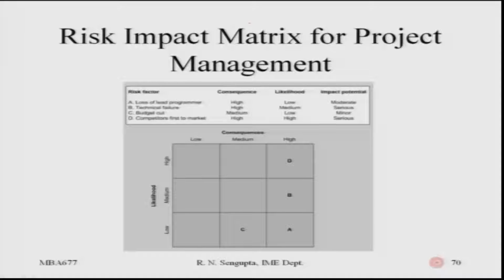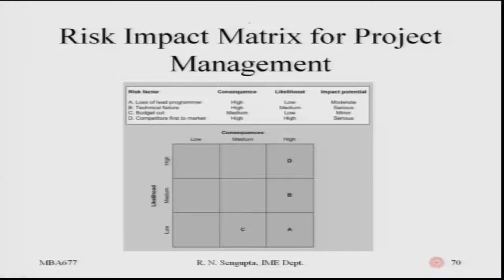If we come to this slide just after my last class, it is the risk impact matrix for the project management concept. You will have the consequence and the likelihood of how the project is being implemented. If you look at the matrix, the y axis is the likelihood, and on the top, the x axis, are the consequences.